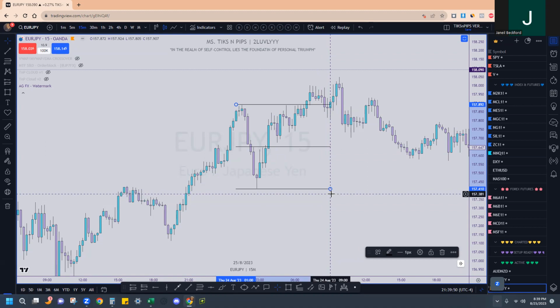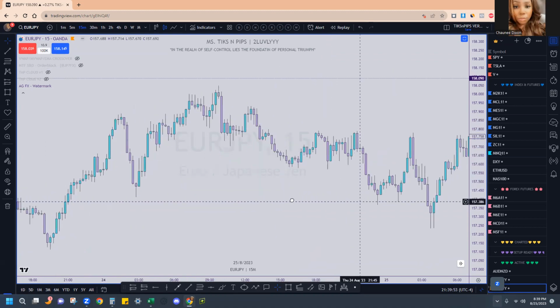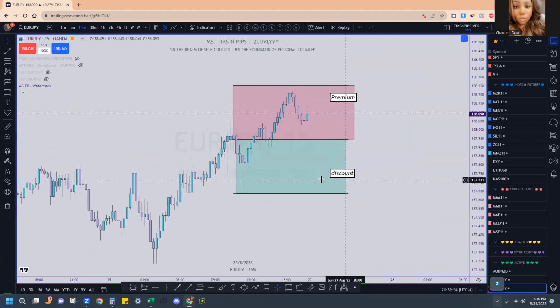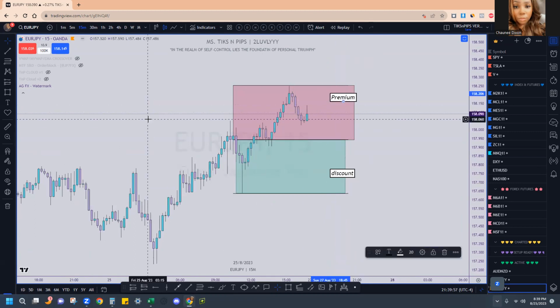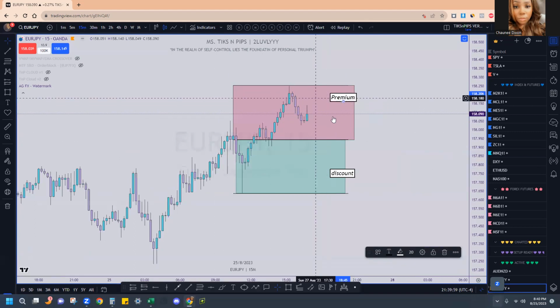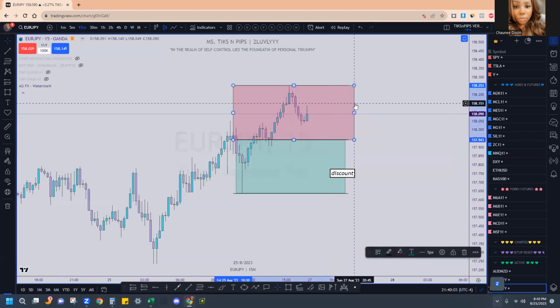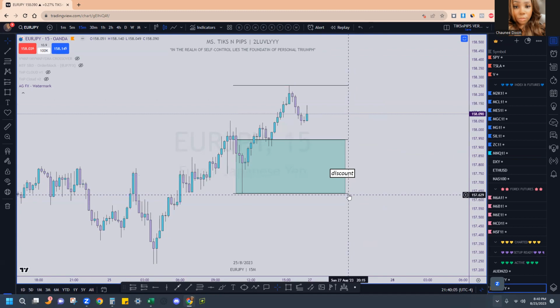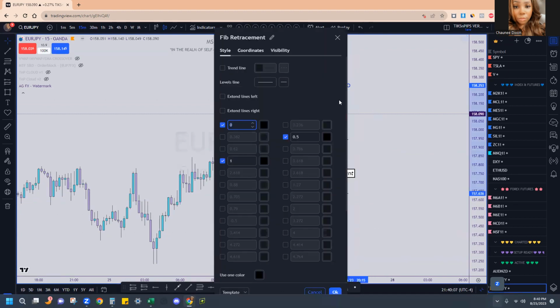Okay, gotcha. Alrighty, so since we're looking for buys, we only care about the discount. We don't care about the premium. If we're looking for sells, we would only care about selling off in the premium area. So I'm just going to take out the premium here. Now I'm going to bring back my regular fib.